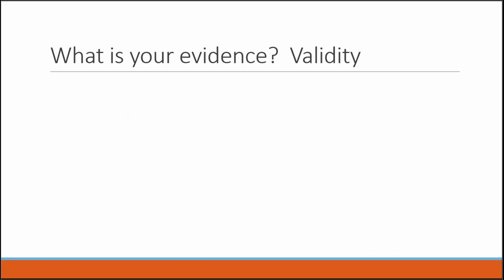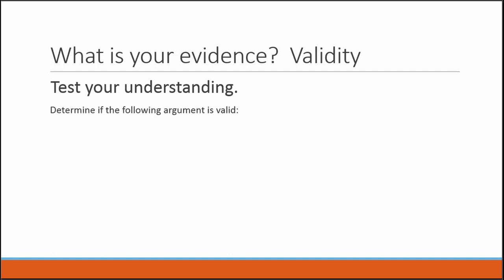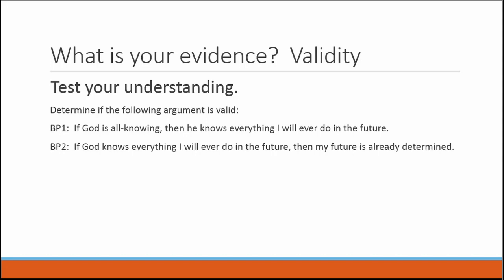Let's go again. Testing your understanding. Determine if this argument is valid. If God is all-knowing, then He knows everything I will ever do in the future. If God knows everything I will ever do in the future, then my future is already determined. If my future is already determined, then I do not have free will.